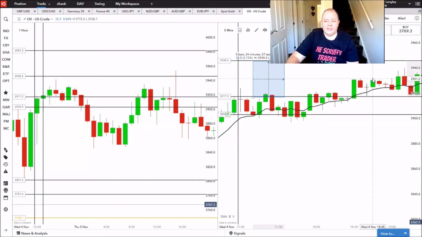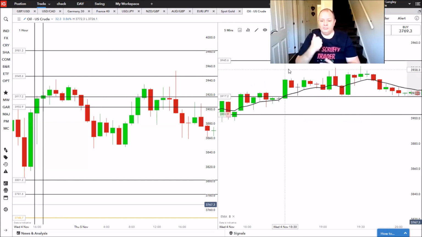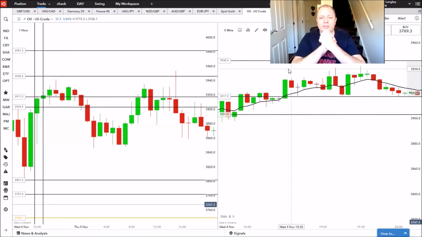You would have been tagged, paid, pull your stop to break even here, and then just let it play out. If it comes and stops you out, so what? You could have your first target, another target in the middle, sort of 2/3 up, whatever you choose, and then a final target up there. If you get two of them, result, because you're better off having part of a winner than 100% of a loser. I hope that kind of makes sense.